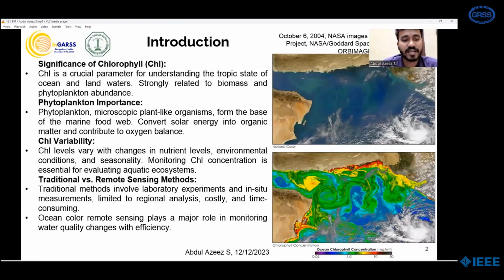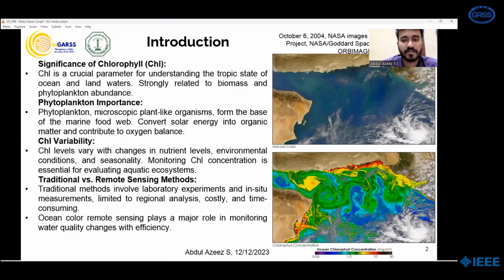There are traditional and remote sensing methods for analyzing chlorophyll concentration. Traditional methods involve laboratory experiments and in situ measurements, which are limited to regional analysis, costly and time consuming. Even in rough sea conditions, we cannot do in situ measurements.